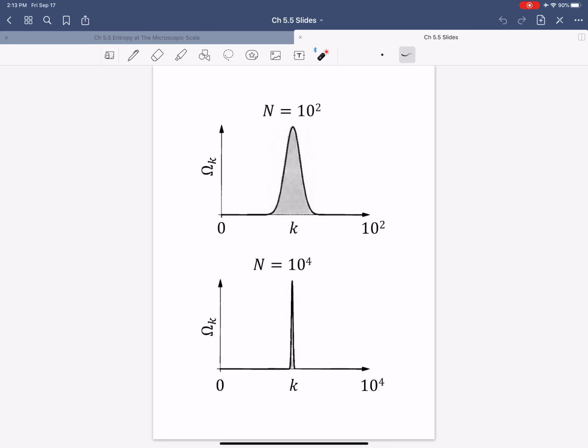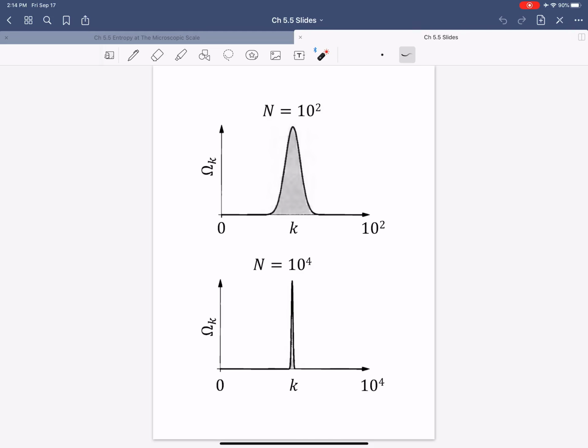For 100 coins, our distribution looks like this, and the width of the distribution is that, which would essentially be the standard deviation of that distribution. If we plot it from 0 to 100, at the wings of the distribution it's really rare, and we have this sort of normal distribution in the middle.